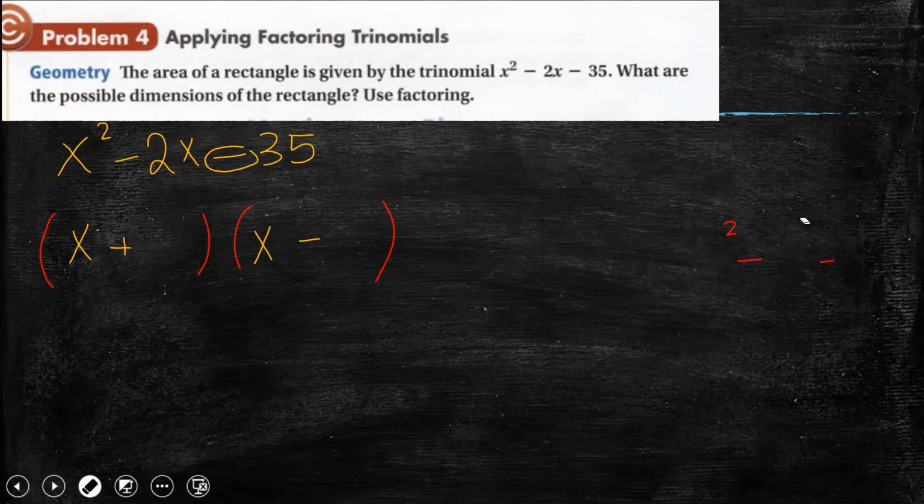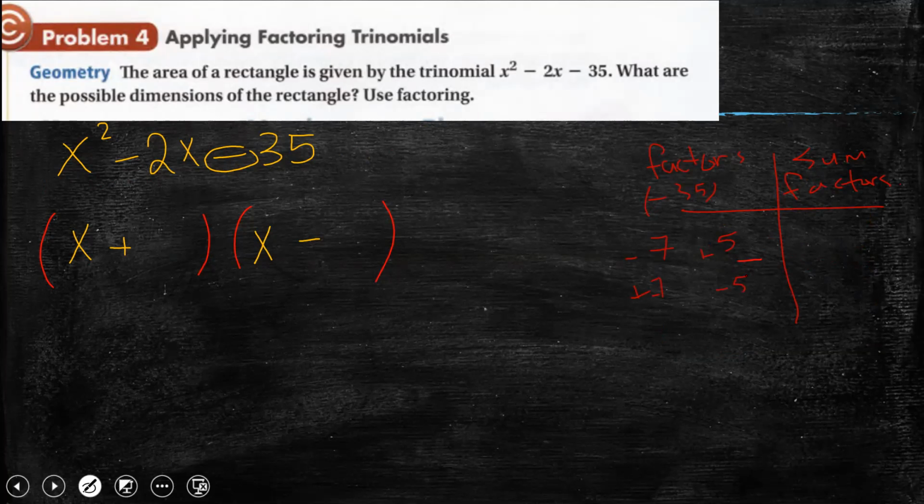This table has to tell me what the factors of negative 35 are, and then I will write the summation of the factors. Teacher, it will be negative 7 and positive 5. Yes, 7 and 5, negative positive, or positive 7, negative 5.